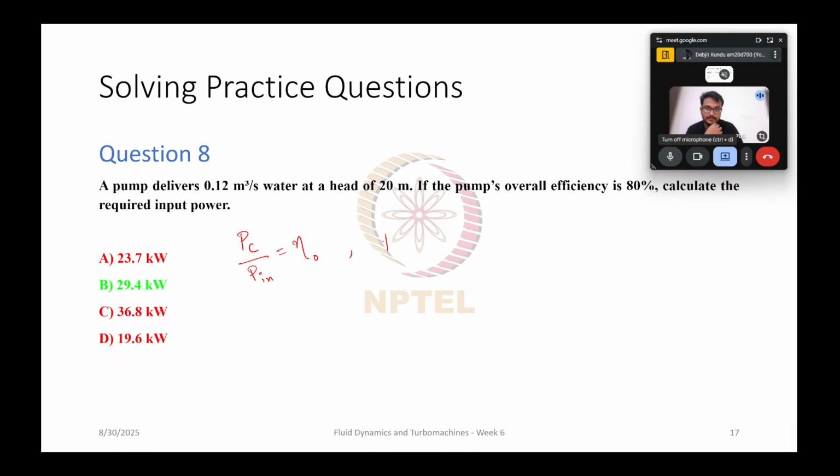And the power supplied by the pump to the fluid, that is equal to rho g H into Q. So if you just plug all these things in, then P_in becomes P_C by eta_O. P_C we know as rho g H Q divided by eta_O.